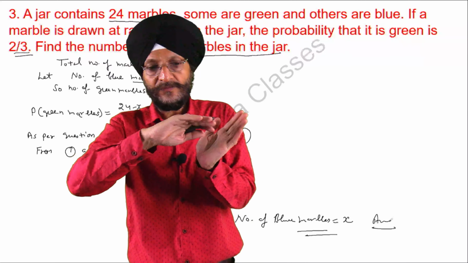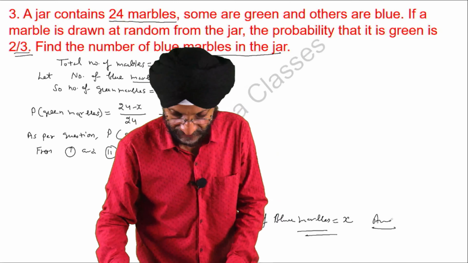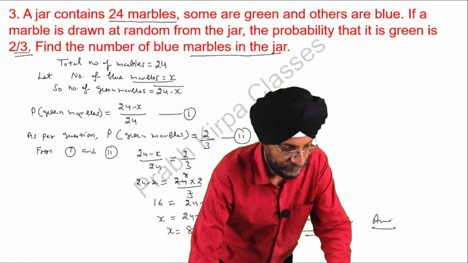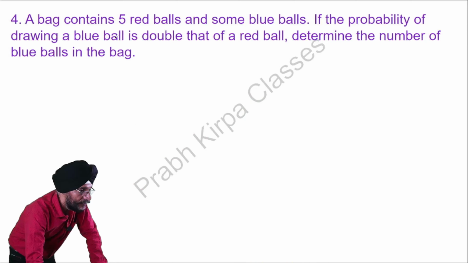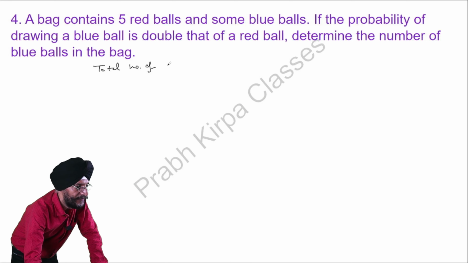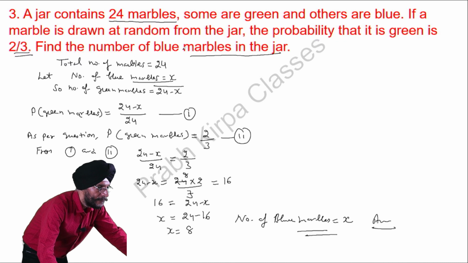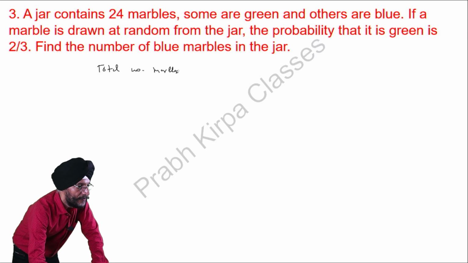Now here in this question, we had assumed that the number of blue marbles are x. Now we will solve the same question with the assumption that green marbles are x. Let us see what happens. Now the total number of marbles which are given in the question is 24.